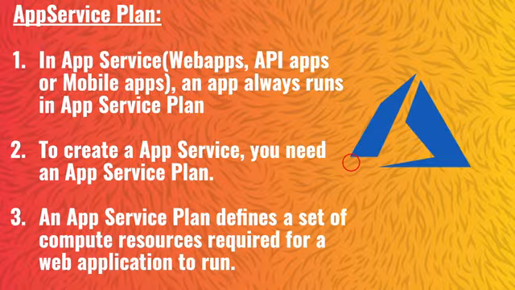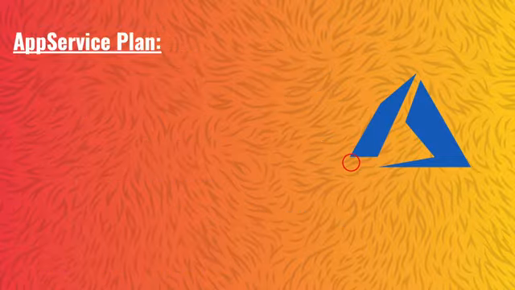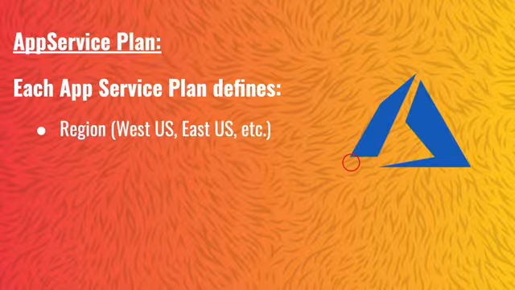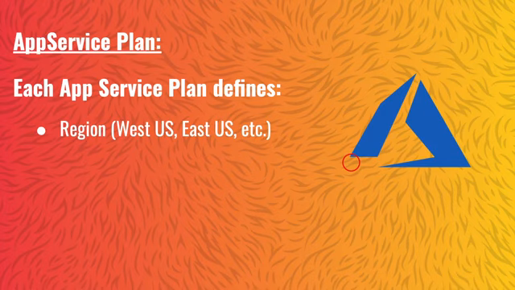Okay. And after that, an app service plan defines a set of compute resources required for a web application to be run. Basically, each app service plan defines a region. Okay, so you have to select the region, either West US or East US, etc., like that.